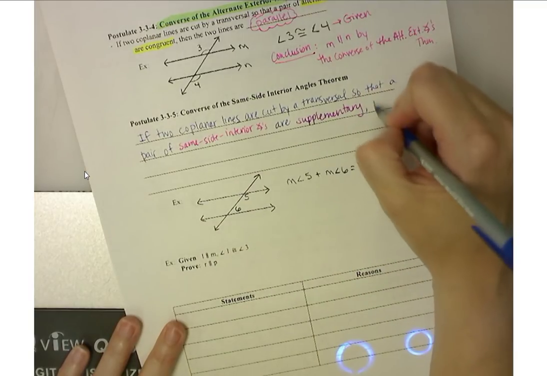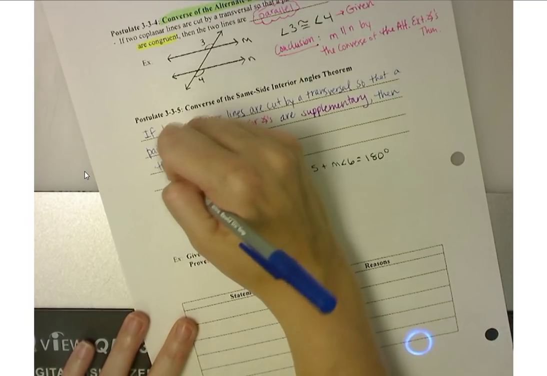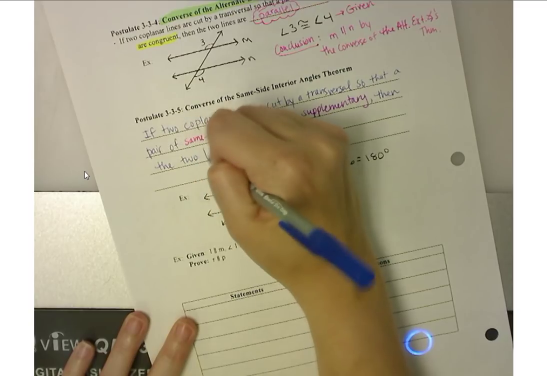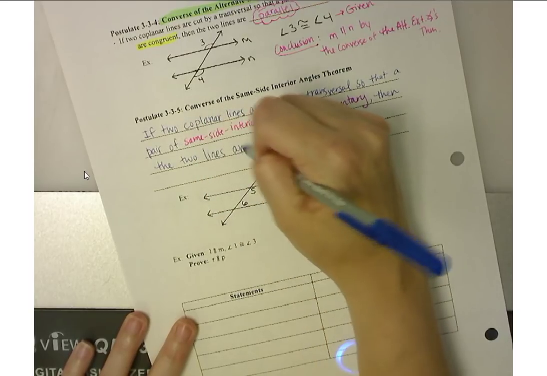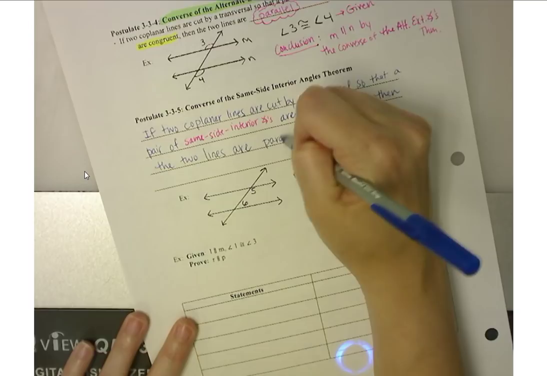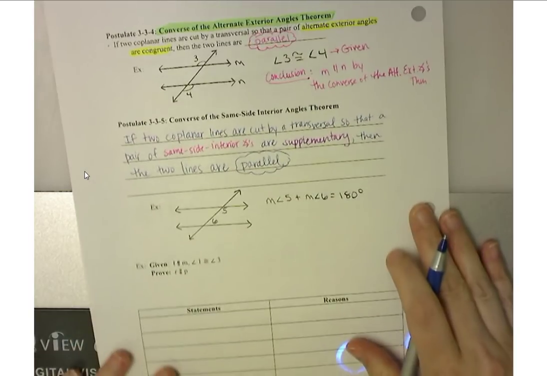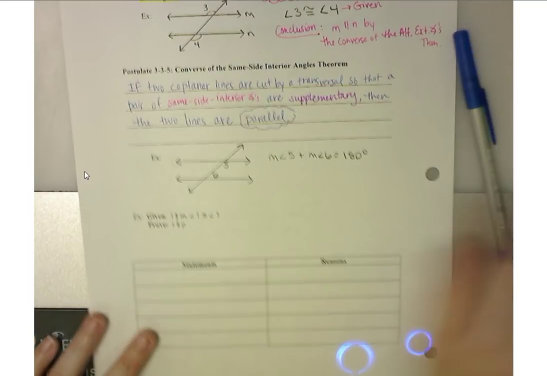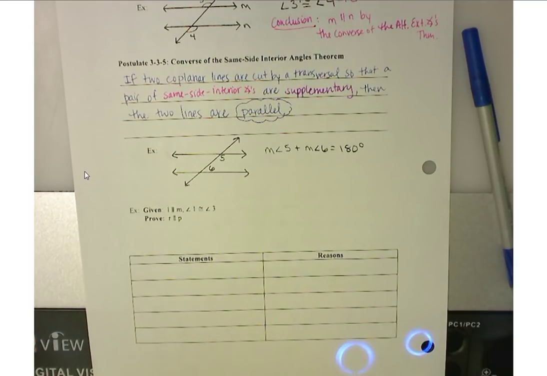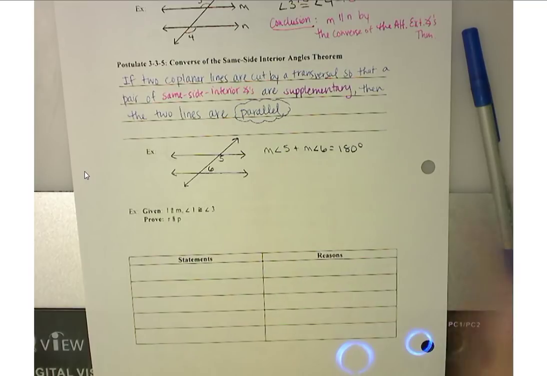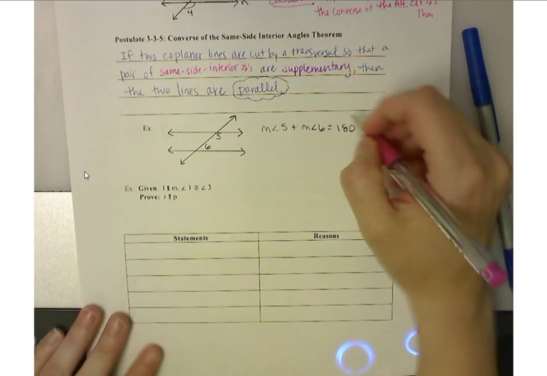Then the two lines are parallel. So we are going to look at this example. So we have the measure of angle 5 and the measure of angle 6 equals 180.